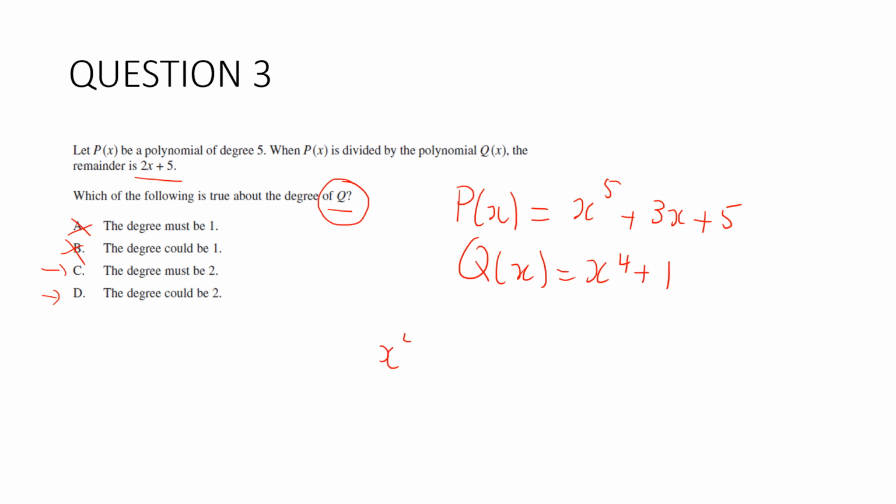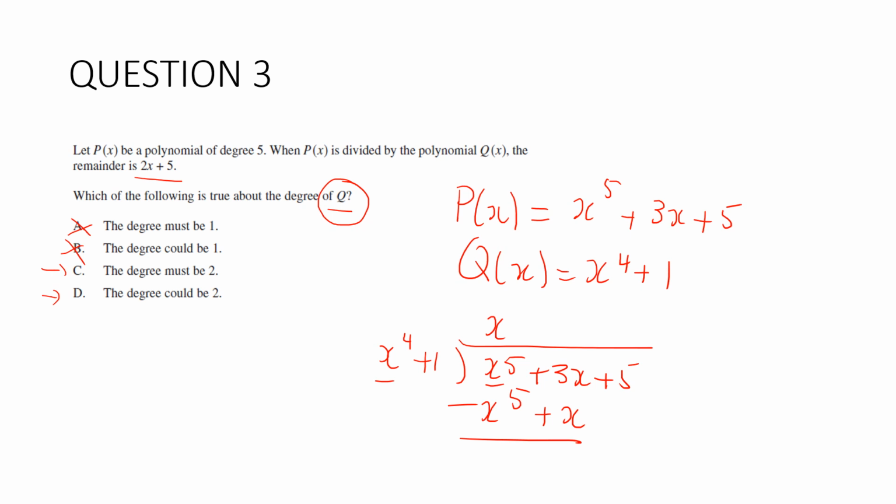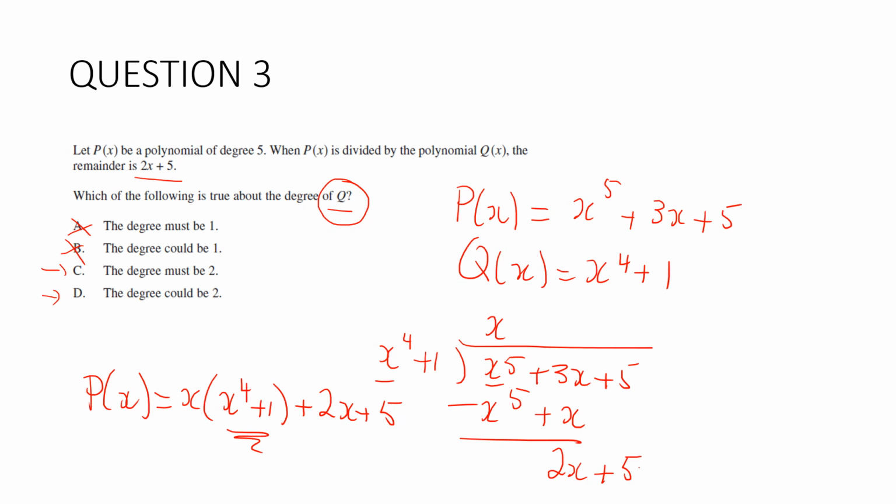And I'm going to divide. x^4 into x^5 goes x, multiplying gives me x^5 + x, subtract 0, 3x take away x is 2x + 5. So yes, p(x) can be written as x times (x^4 + 1) with a remainder 2x + 5, and q has degree 4. So C is out, the answer is D.